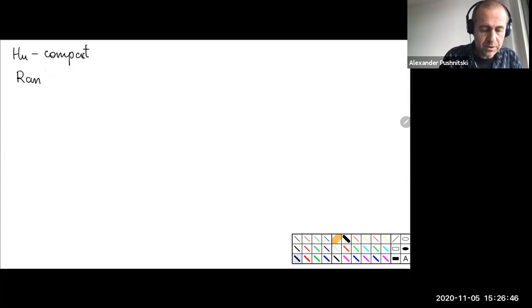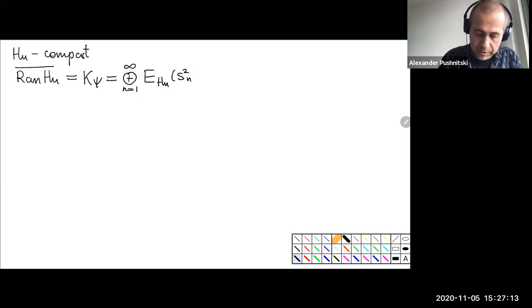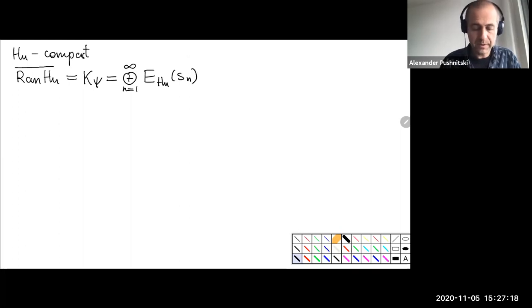Then, as we know, its closed range will be some model space, and we can write this model space as an orthogonal sum of maybe finite, maybe infinite, Schmidt subspaces corresponding to the singular values.